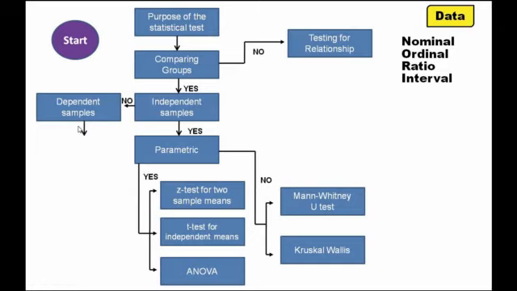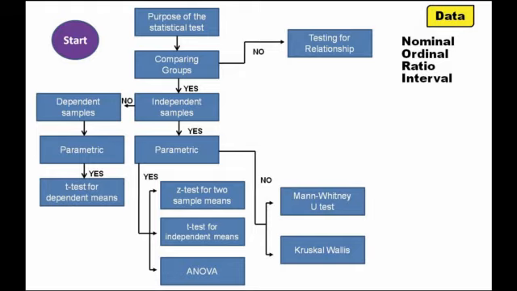Now same thing, the dependent samples can have the parametric statistical tool and the non-parametric statistical tool. An example of parametric is the T-test for dependent means. Okay. Now, sabi nga earlier, in the T-test for dependent means the data are coming from the same group. We only have one group.